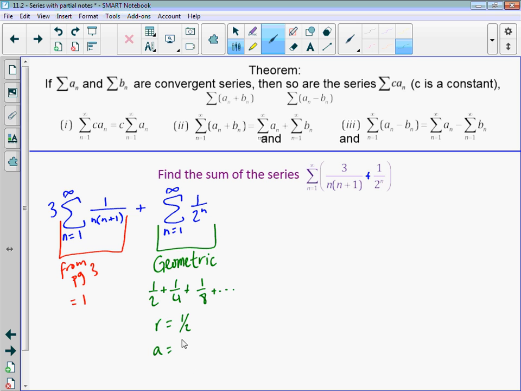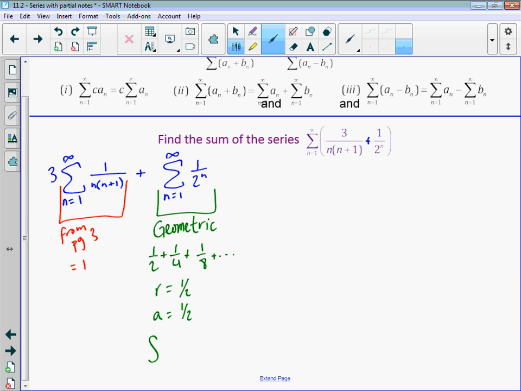It's just the first term is your A. And then if you remember finding your sum, you'd put A on top, and then you divide by 1 minus your R. So we're doing a half divided by a half, which gives you 1, right? So when we're done with this, we just end up with 3 times 1 plus 1, which gives us 4.